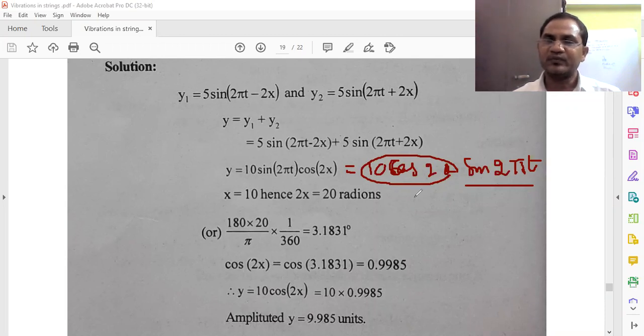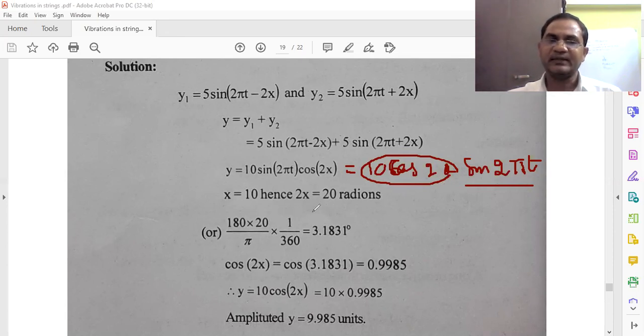The wave resulting from the superimposition of two waves, one propagating along the positive x-axis, another along the negative x-axis. Because of the superimposition, we get another wave, with resultant amplitude 10 cos of 2x.